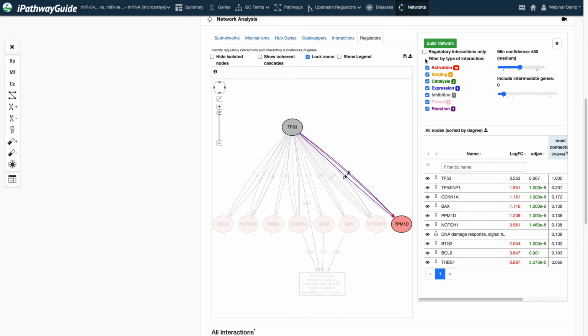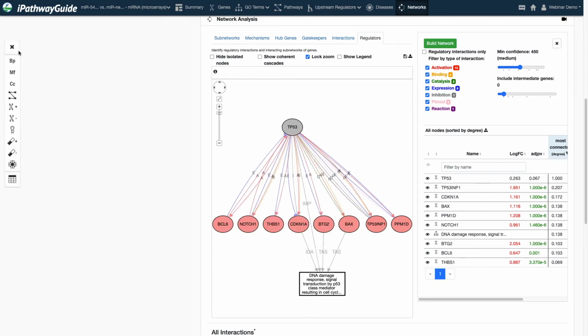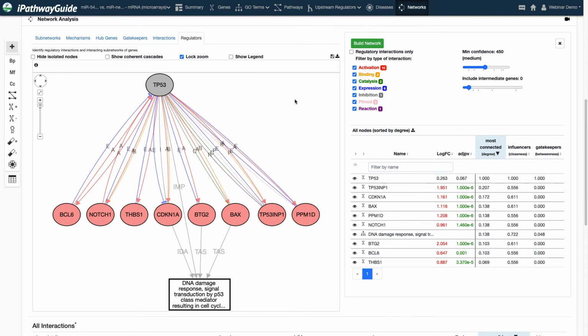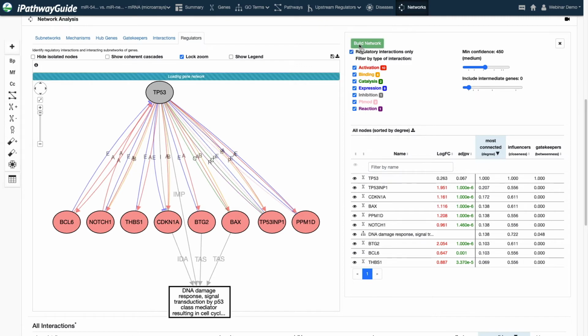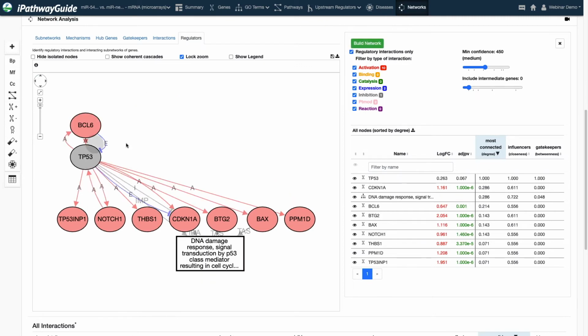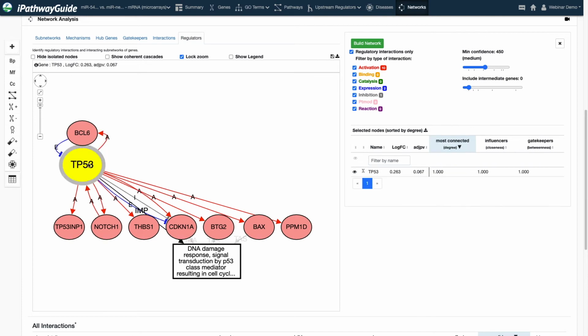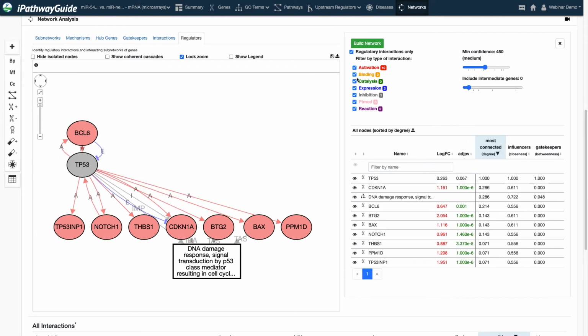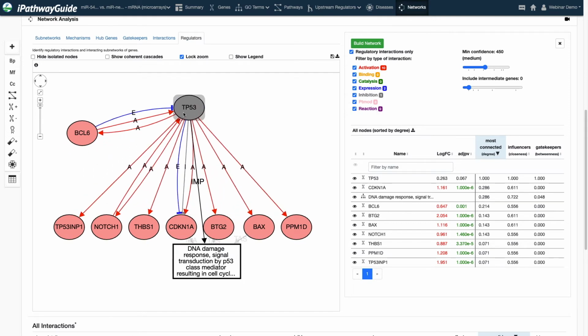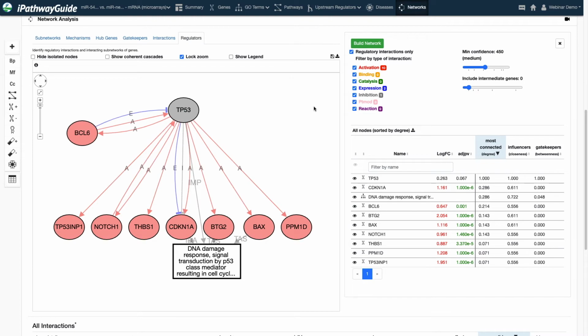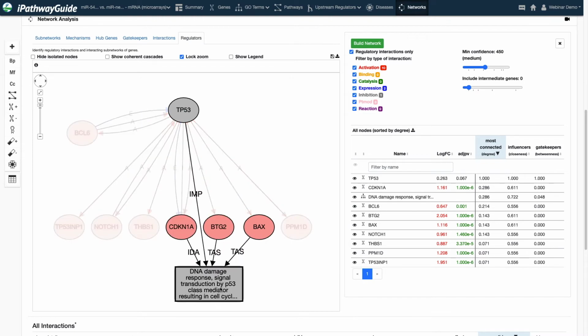You have a couple of options here. You can look only at regulatory interactions. When I select this box and I click build, we have removed binding, catalysis and reactions, because those are the interactions that are bidirectional, essentially.